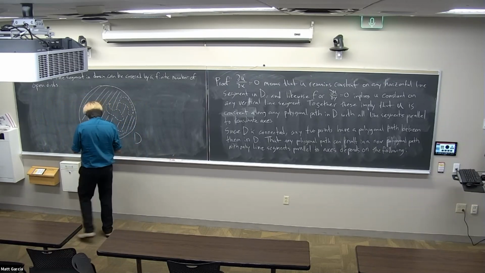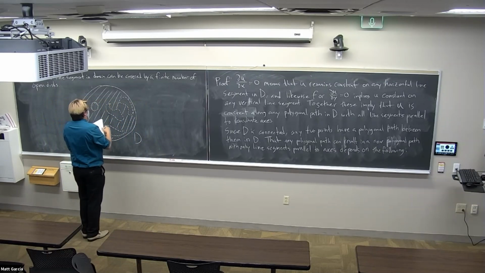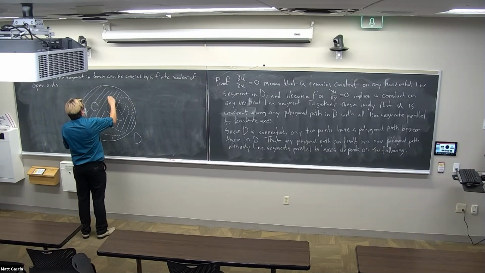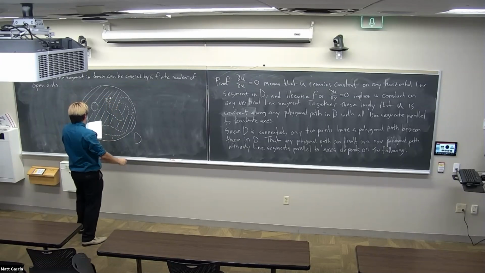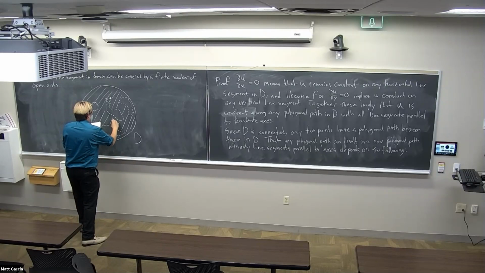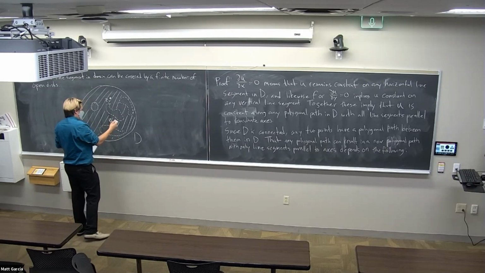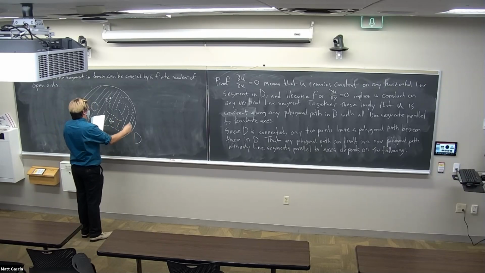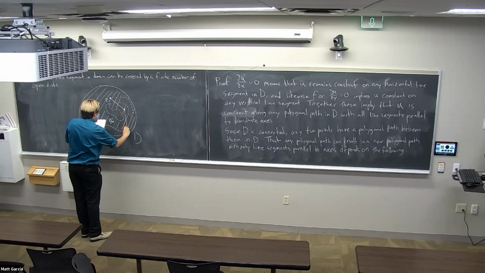Okay, and here's a couple points I want to join. Let's say I have Z1 here and Z2 here. So one way I could do this is choose a point here where I can take a turn. Choose a point here where I can take a turn.